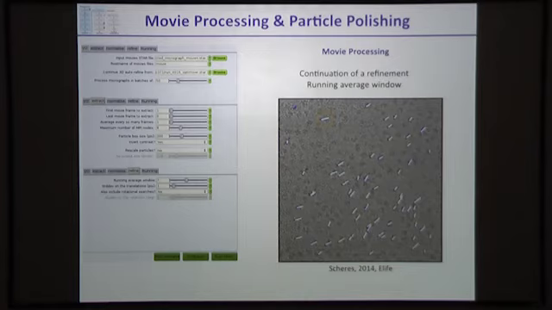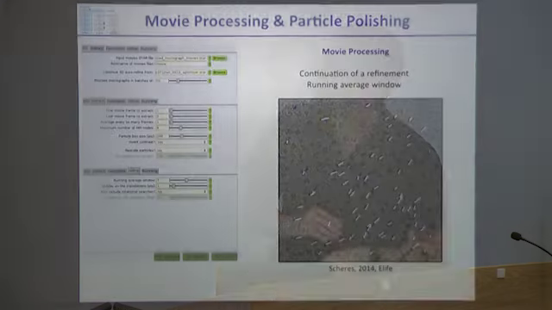In the first instance, you run the movie processing job that will expand your particles into all the different frames that you collected, and align and do one step of refinement.